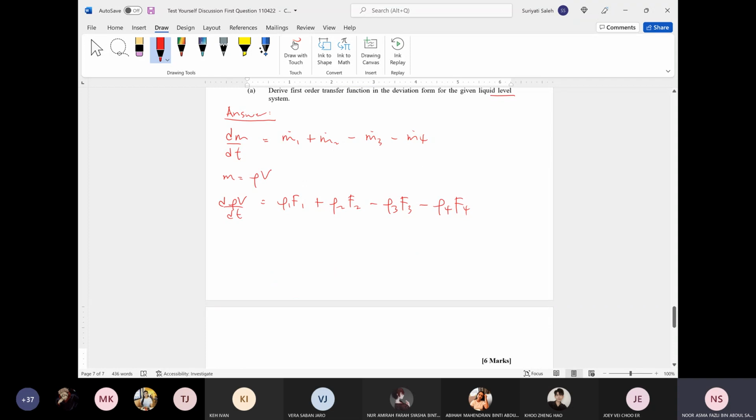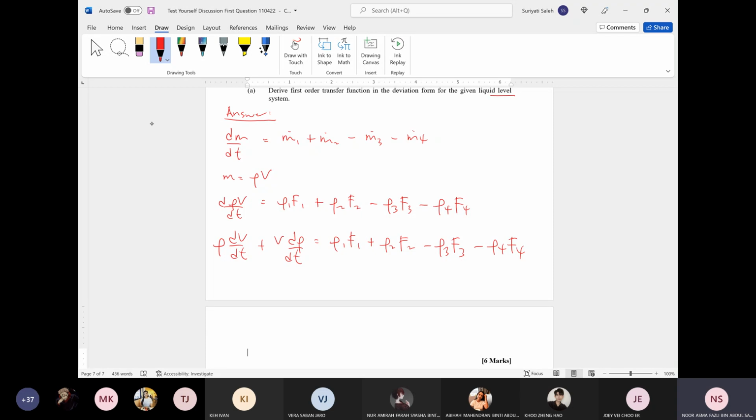So we can expand the equation: rho dV/dt plus V d rho/dt equal to rho 1 F1 plus rho 2 F2 minus rho 3 F3 minus rho 4 F4. So this is your expansion.